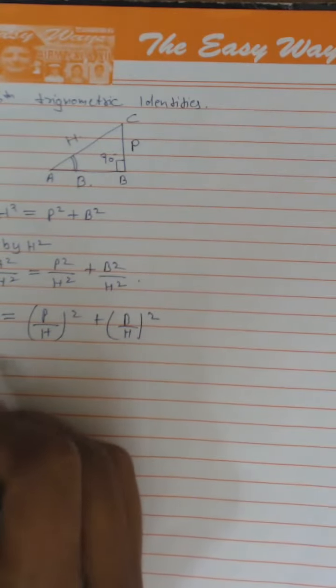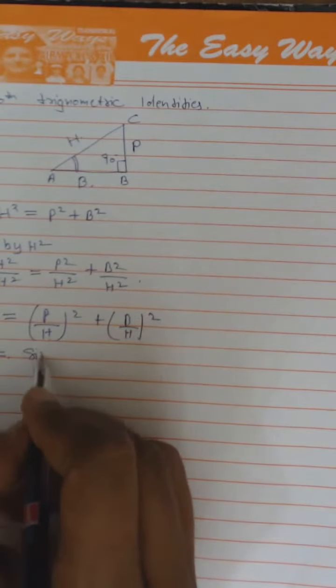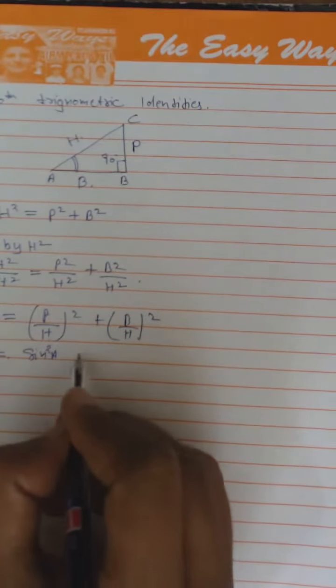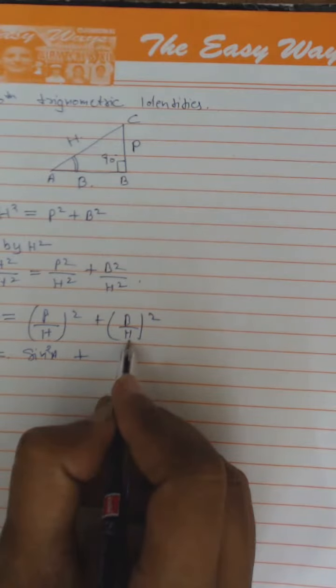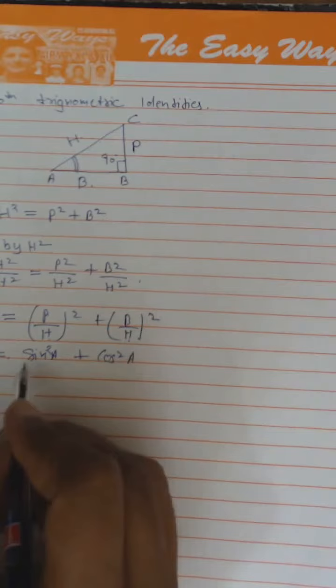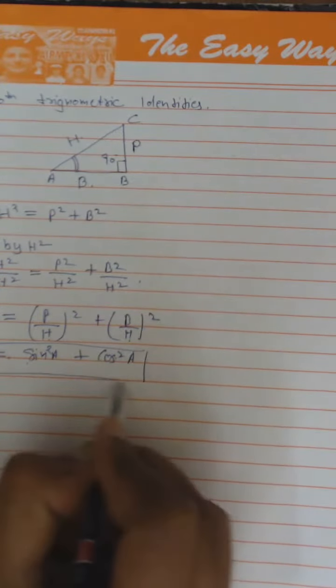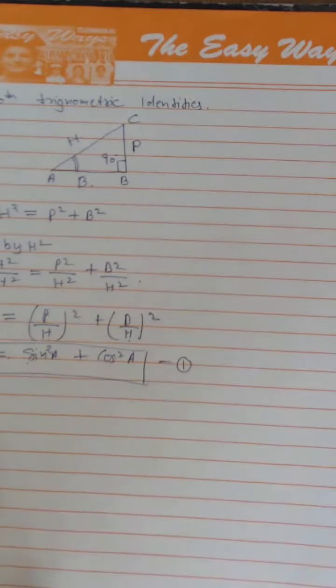As we all know, p over h gives sine, so that is sine square A. b over h gives cos square A. So sine square A plus cos square A is equal to 1. This is the first identity.